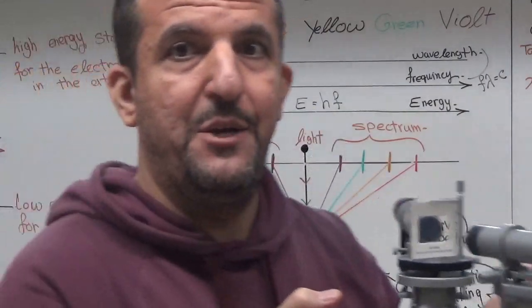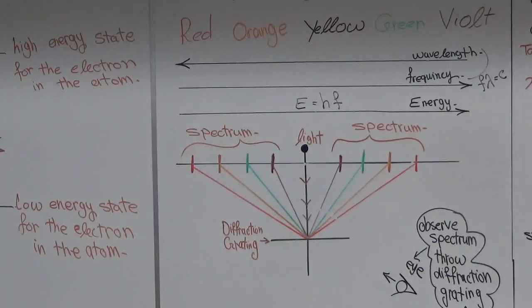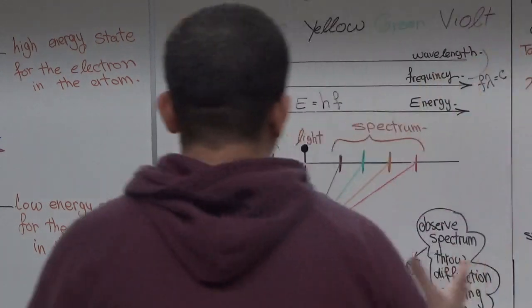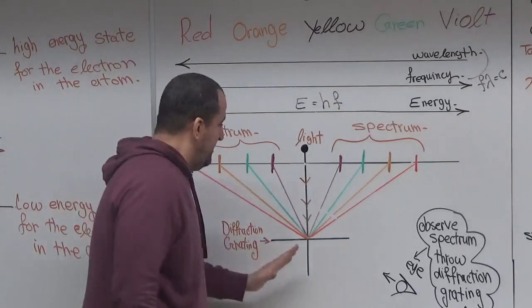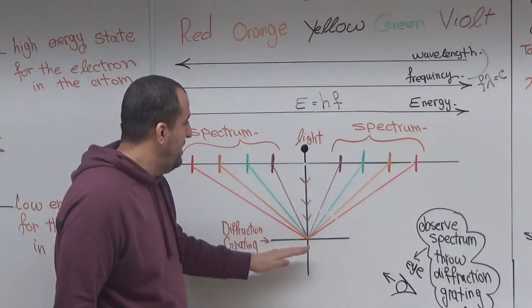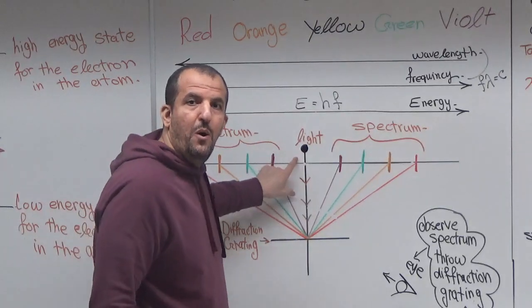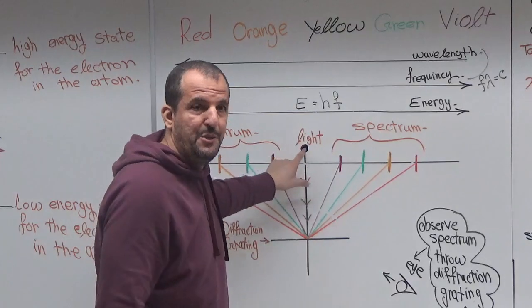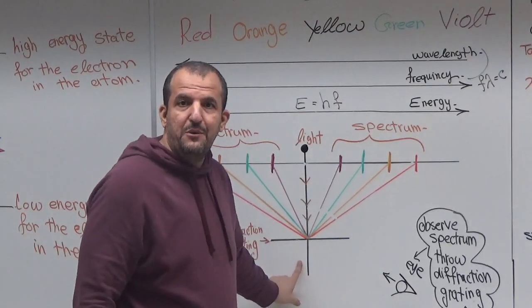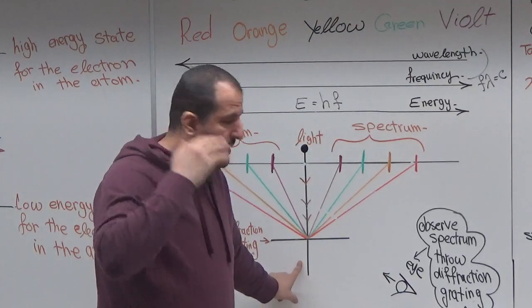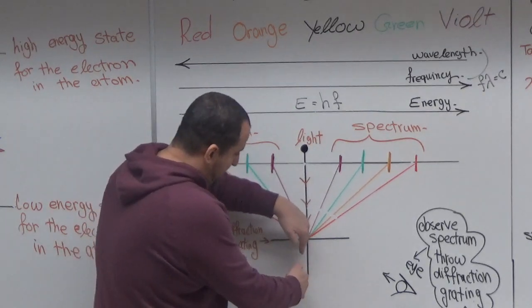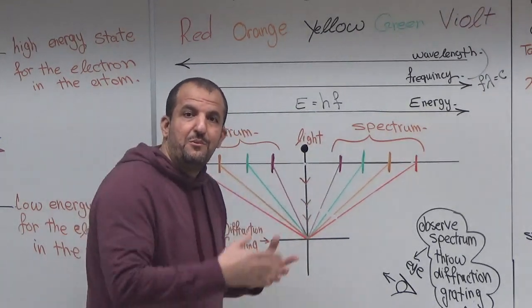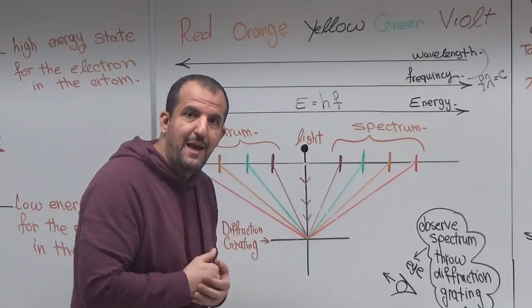Perfect, very nice. So now let's try to explain what will happen. I have the spectrometer here. The front tube from the spectrometer goes to the light source. The other one, which is the microscope, goes to my eye. If I move this microscope to the right or to the left, what will happen?